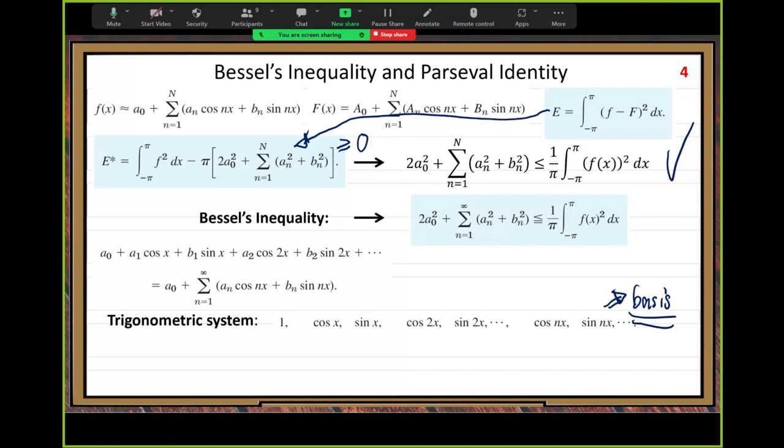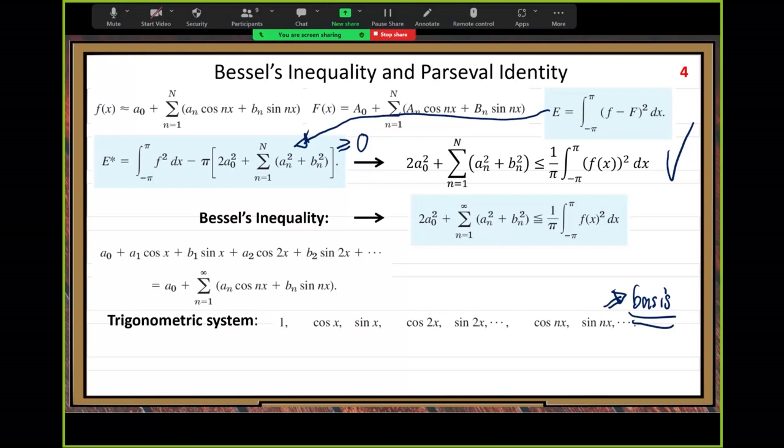So what's the meaning of basis? Basis means we can use the basis to represent all the functions in the space. We have a function space, a group of functions. In that space, there are so many functions, and you can use the basis to represent all of them without missing anyone.